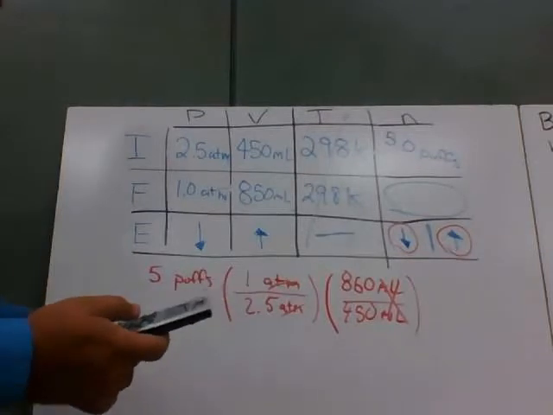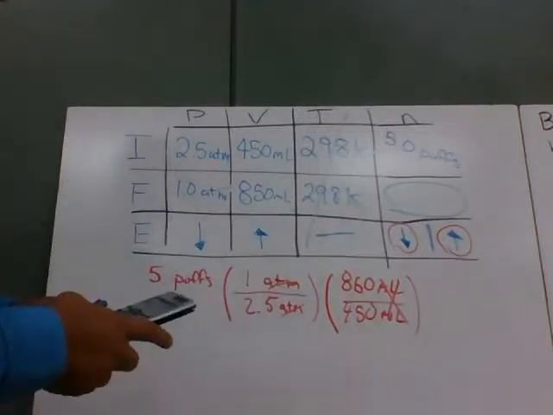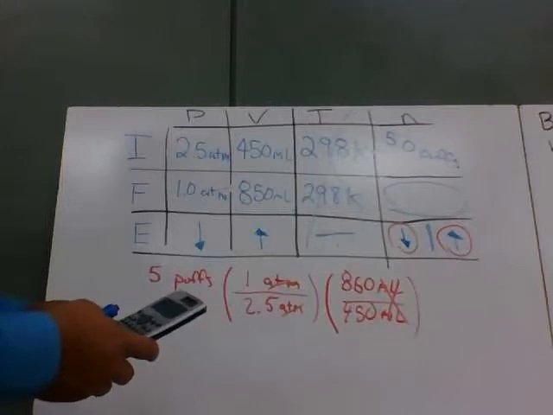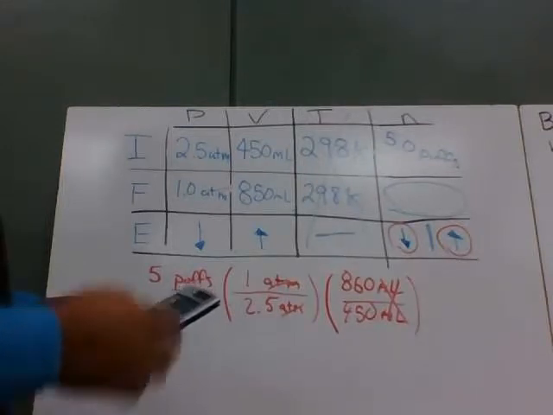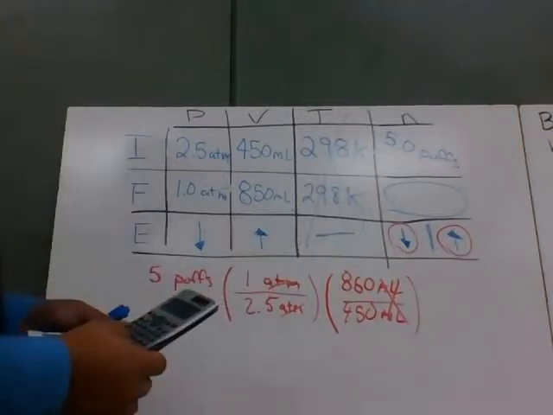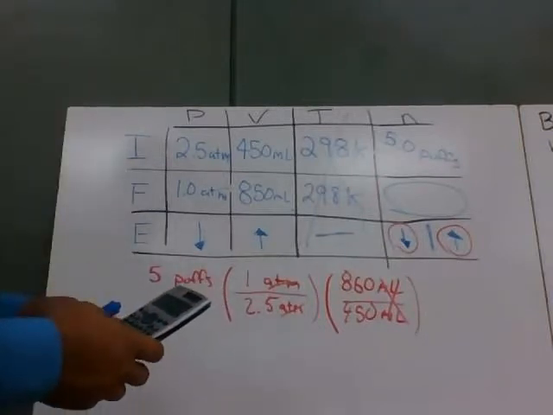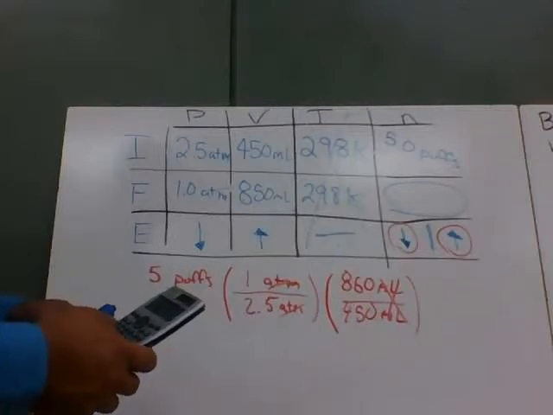To calculate this, I would take 5 times 1 times 850. Then I could hit equal. I'm going to leave that number in my calculator. Then I'm going to say divided by parentheses 2.5 times 450, close parentheses, equal.